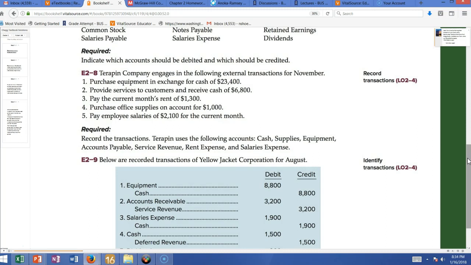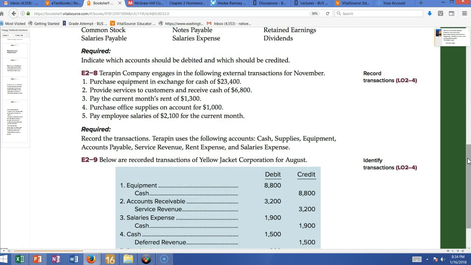Terrapin Company engages in the following external transactions for November. Number 1, purchase equipment in exchange for cash of $23,400. We're going to record the transactions.